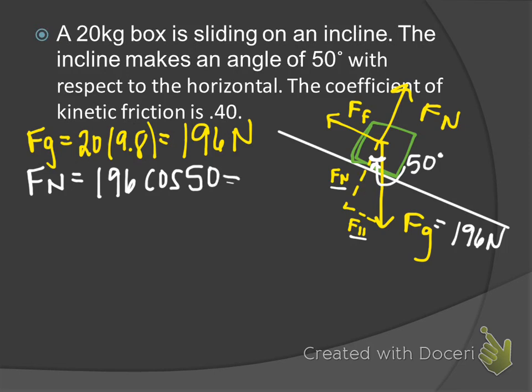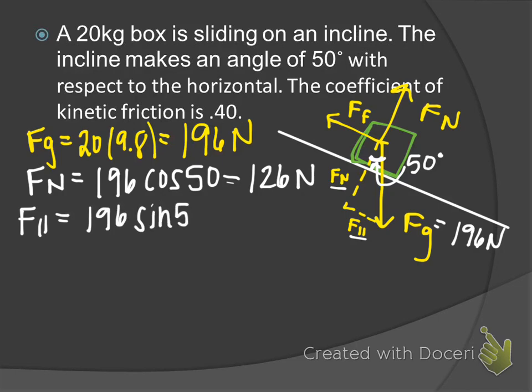And we're going to take 196 times cosine of 50 and get a value of 126 newtons. We go about solving for the parallel force here. We're going to take the hypotenuse, which is 196, times sine of 50 degrees. And we're going to get 150.1 newtons.